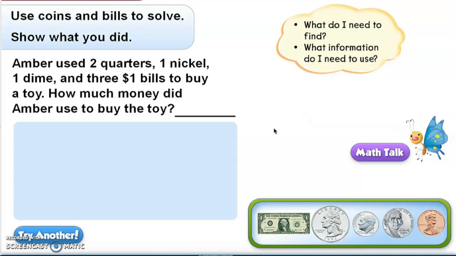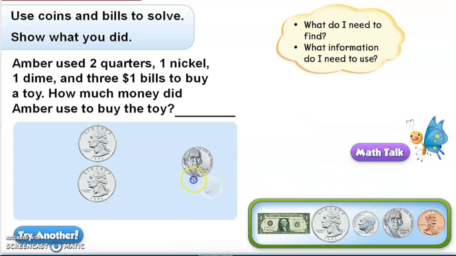Okay, so now let's give ourselves a visual on what that would look like. So she used 2 quarters, so we're going to take our 2 quarters. Okay, she used 1 nickel, and she used 1 dime. And again, I'm putting them in order by value.